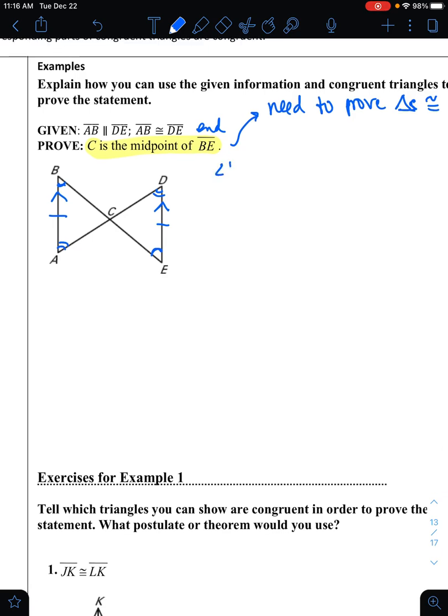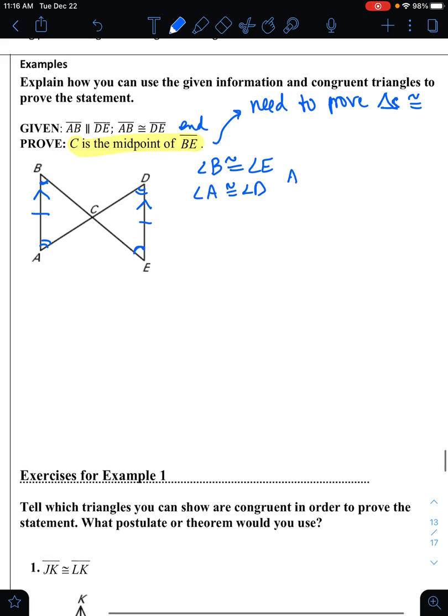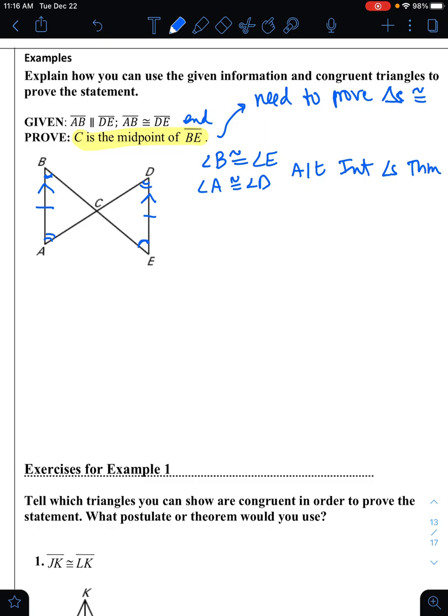So I'm just going to jot down here that B is congruent to E, and I also showed that angle A is congruent to angle D. Both of those were by the alternate interior angles theorem. Okay, so that gave me enough to show ASA.